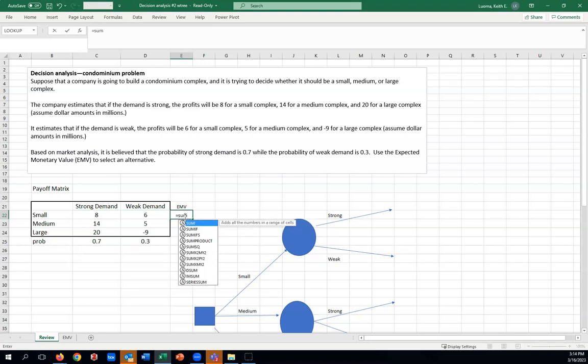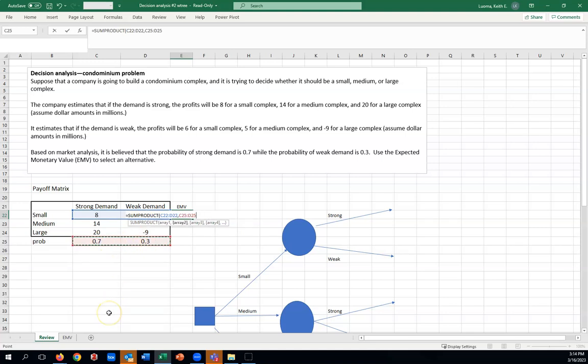So we do equals over here. I have a column EMV. We look for SUMPRODUCT, and so we'll take the 8 and the 6, we'll select them, do a comma, and we want those weighted according to the probabilities of 0.7 and 0.3. After I do this one, I want to copy it down for medium and large.